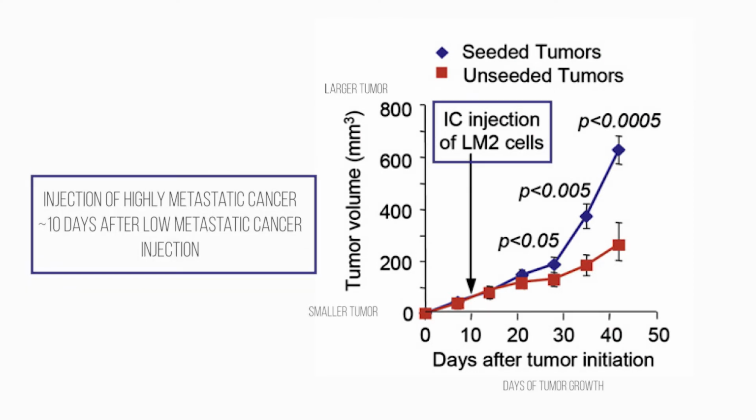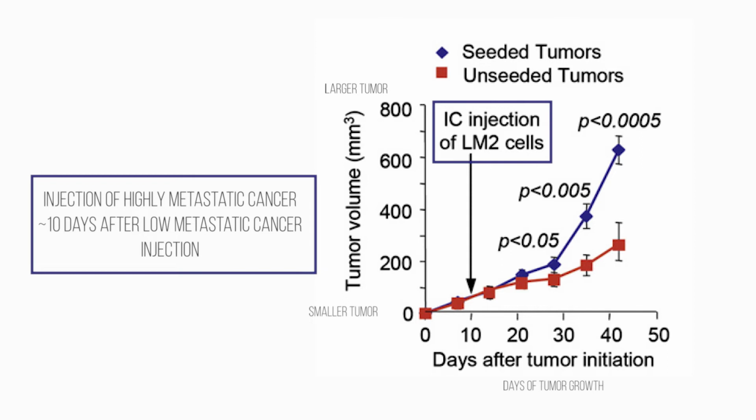And now in figure 6, they're trying to find out what happens to the size of the tumor, the actual volume of the tumor, when you inject these highly metastatic cells back in. So here they're injecting the tumor, again waiting a particular amount of days, and then they're injecting the fluorescent tagged cells, the highly metastatic cells, and they want to know how that impacts the volume of the tumor over a set amount of time.